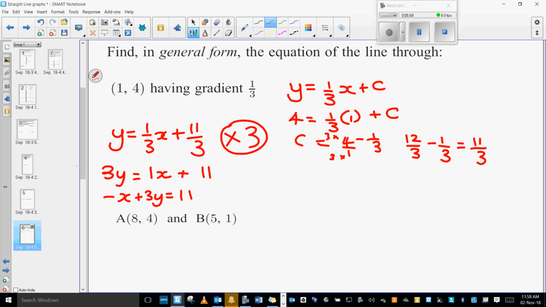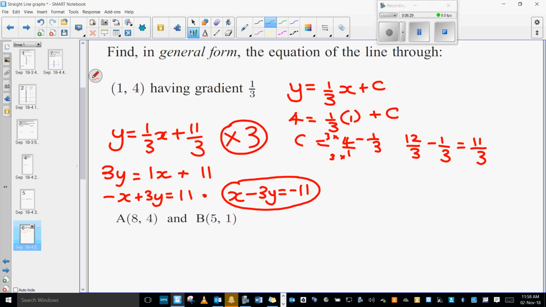We would probably write x subtract 3y equals negative 11. You all happy with that? If you wrote the other one, I don't know, it will depend on the mark scheme, and the mark scheme may accept this, it may not. So I would suggest aim to always make your first variable positive.